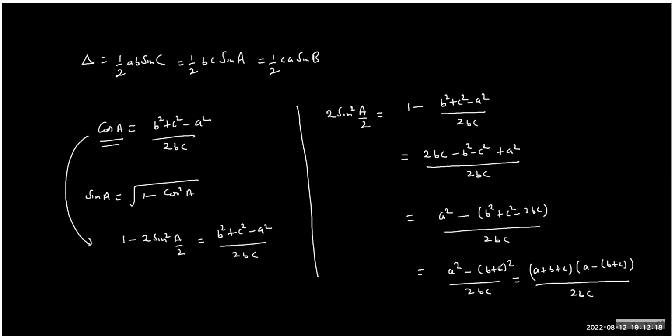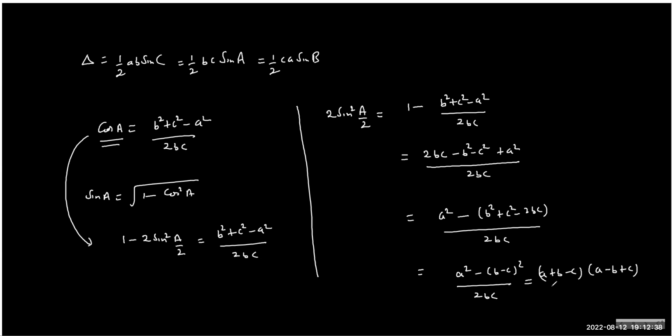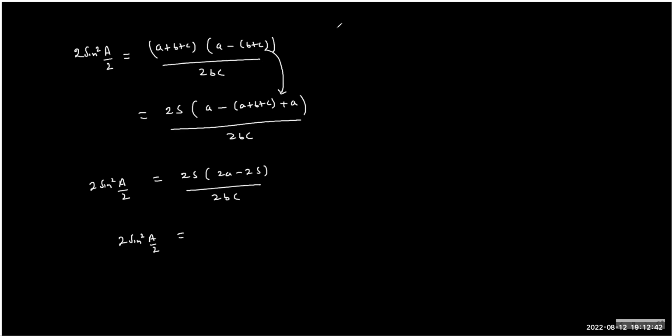It is A square minus (B minus C) whole square. I made a mistake. You should have been careful here. That's why I was getting a weird answer. It is A square minus (B minus C) whole square, right? Now this is fine. It is (A plus B minus C) into (A minus B plus C). Now this is correct.